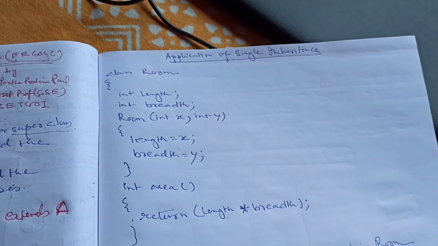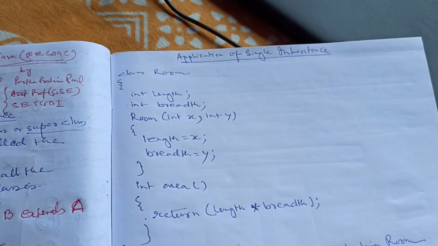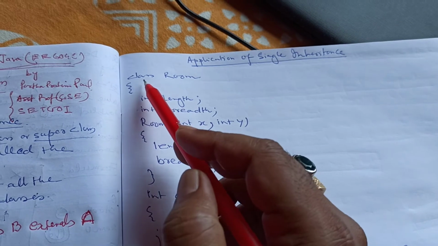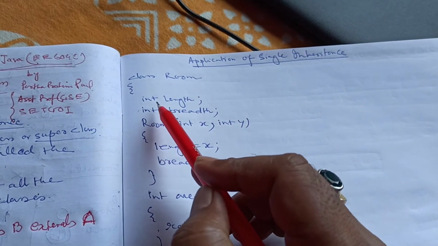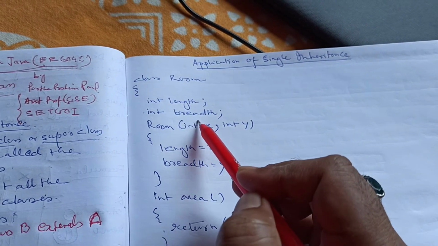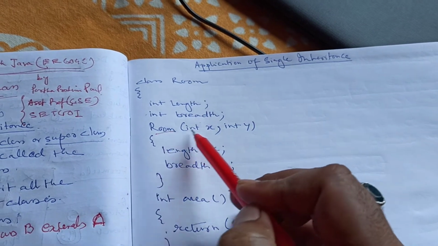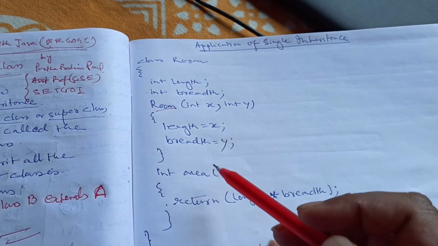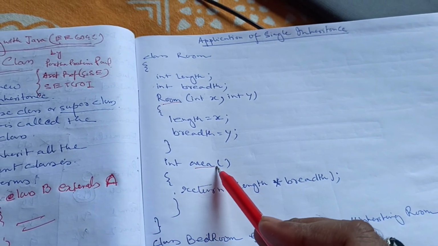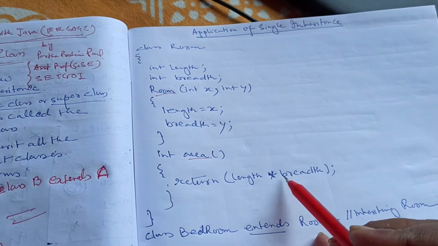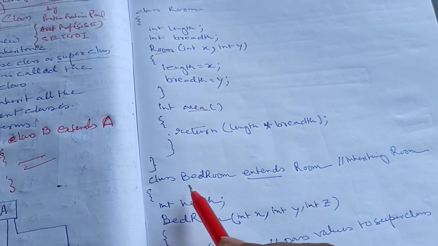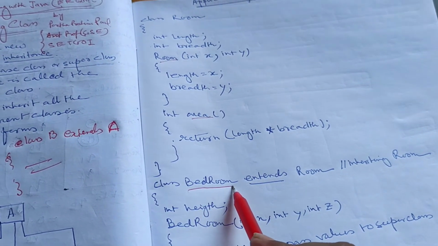Now we are going to an example, that is an application of single inheritance. Here we have designed a class room. Inside this, these are the variables length and breadth, and here we have defined the constructor, and this is a method, the area method. This is the definition. Now we are going to create another class, bedroom.